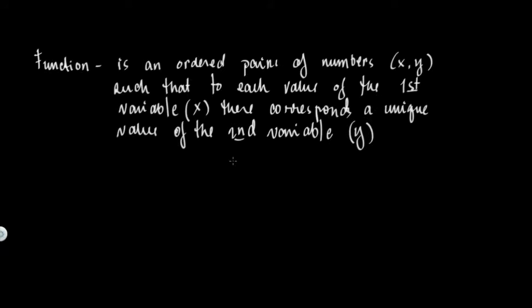Anong ibig sabihin yan? Example, given the area of a circle, say pi r square, where r is the radius and a is the area. For every value dito sa r, the radius, there corresponds a value for the area of the circle. That means area is a function of radius, or symbolically a is a function of r.